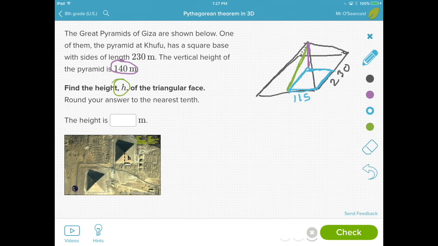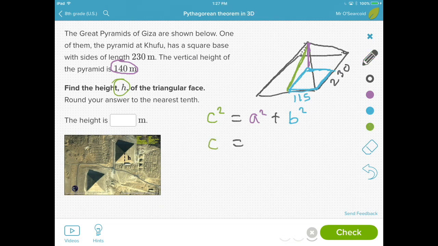So 115 is the number we've got to work with, and that means we have the base of our triangle, and we have the height of our triangle. So we're looking for the hypotenuse: c squared is equal to a squared plus b squared. We don't actually need to find anything else here. In some problems, you might need to find a second piece, but I'll deal with that in another video.